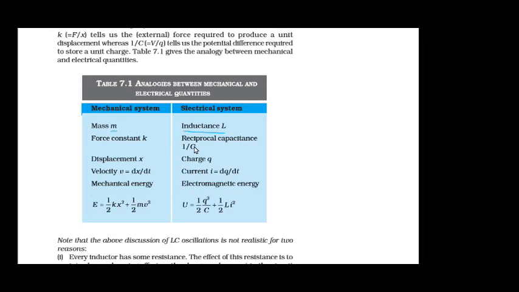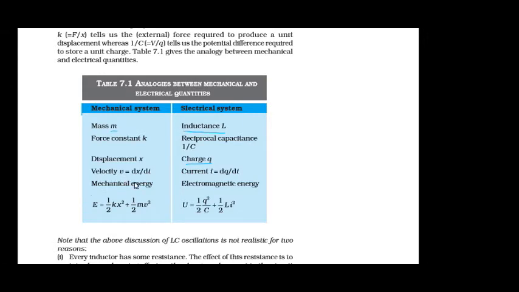Mass is equivalent to inductance in the electrical system. Force constant k is equivalent to reciprocal capacitance, that is 1 by C, in the electrical system. Displacement x is equal to charge q.